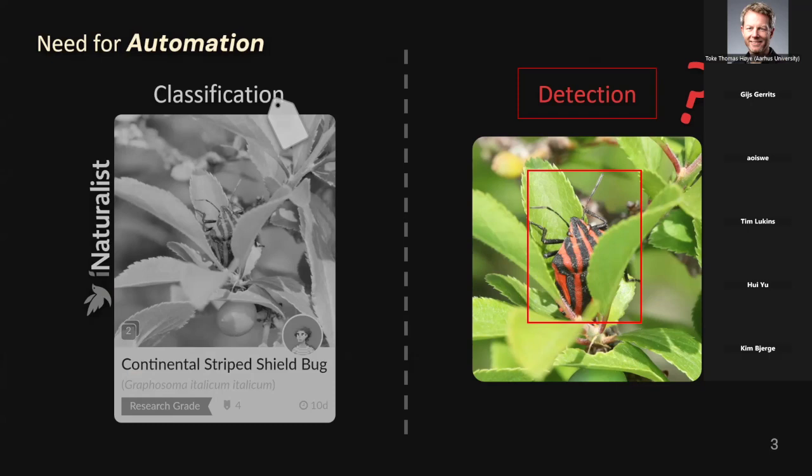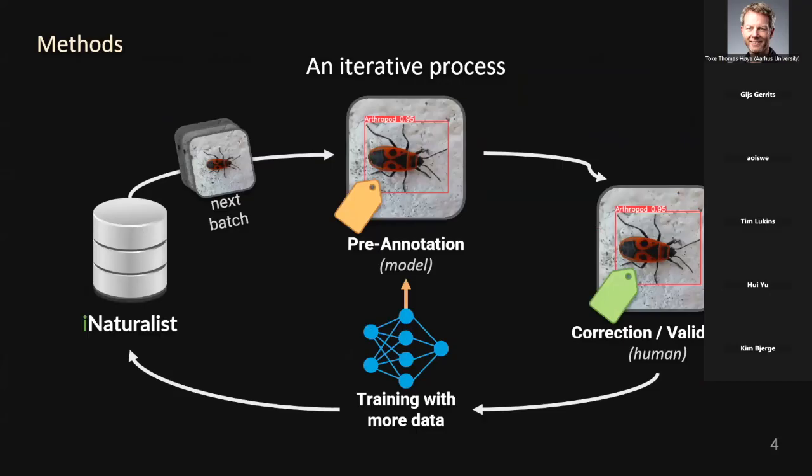So we set out to fix this by making our own datasets for detection. Of course, we have limited resources, so we have to make choices about what we annotate. And so we went for this plan right here. It's an iterative process, meaning we do it multiple times. We start by scraping data from iNaturalist.